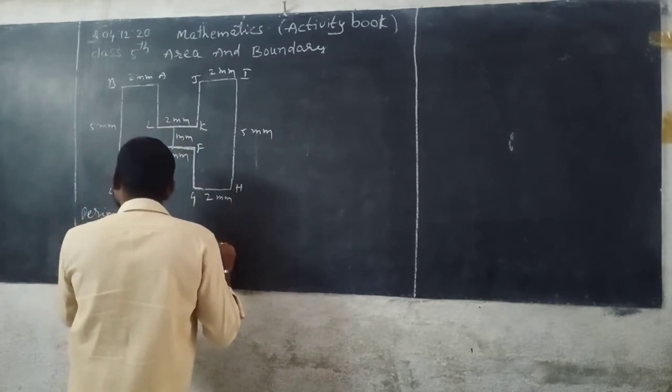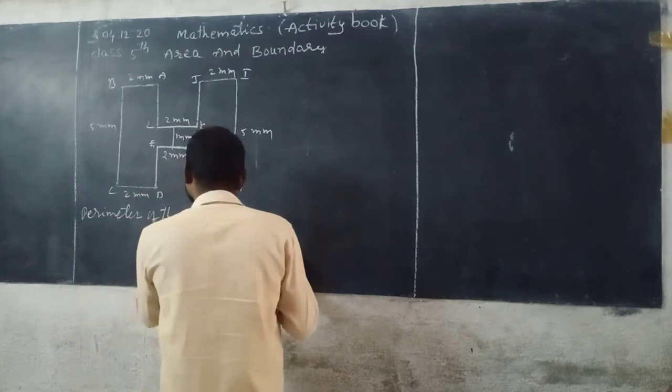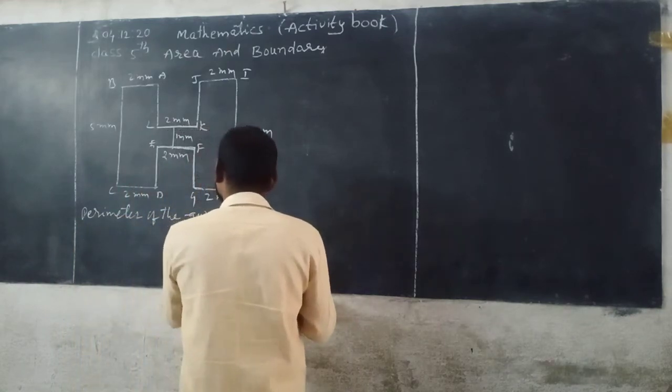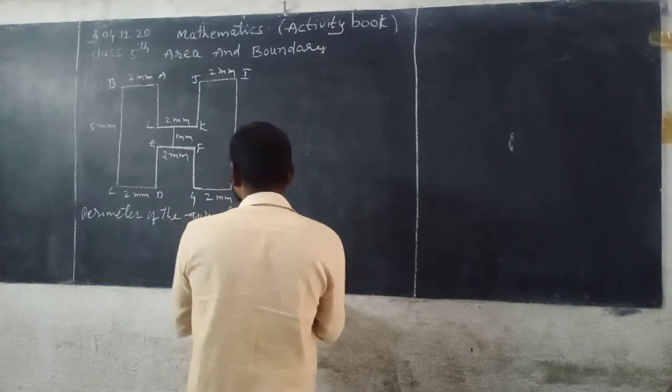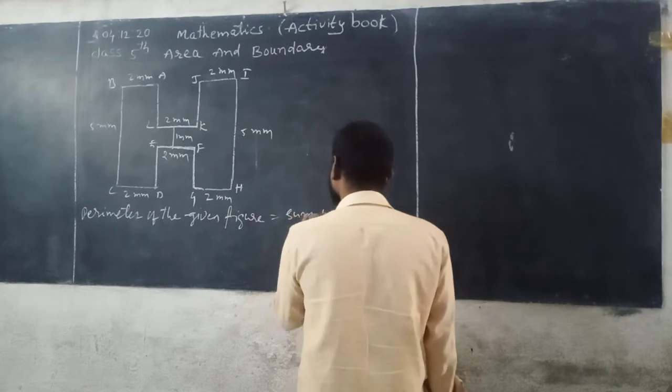Perimeter of the given figure is equals to sum of the sides.